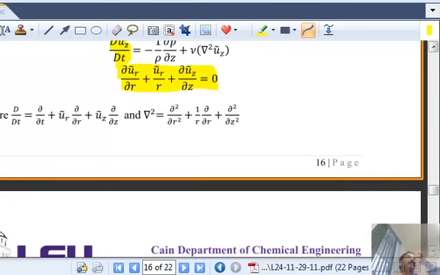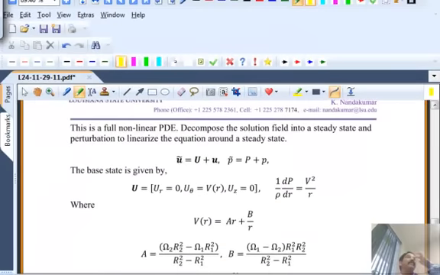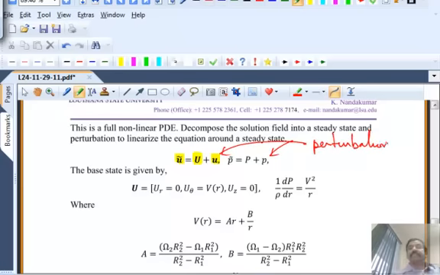So the idea that we did for ordinary differential equations, we are now implementing it. U bar is equal to the steady state value, capital U, plus this small u, which is the perturbation. The base state, the steady state, is given by U_r is 0, U_z is 0, V_theta as a function of r, a one-dimensional flow.